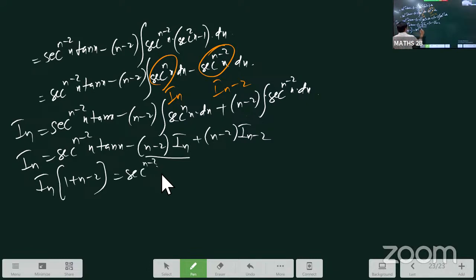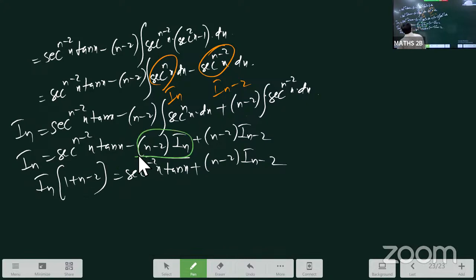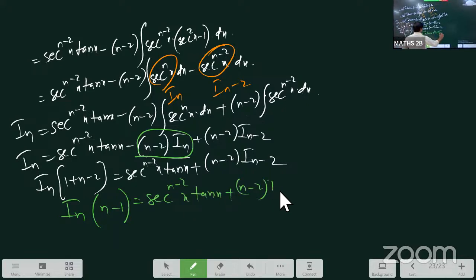I_n into n minus 1 is equal to secant to the power n minus 2 x tan x plus n minus 2 I_{n-2}, because that part we already brought to the other side. Is it clear? Now make I_n the subject.